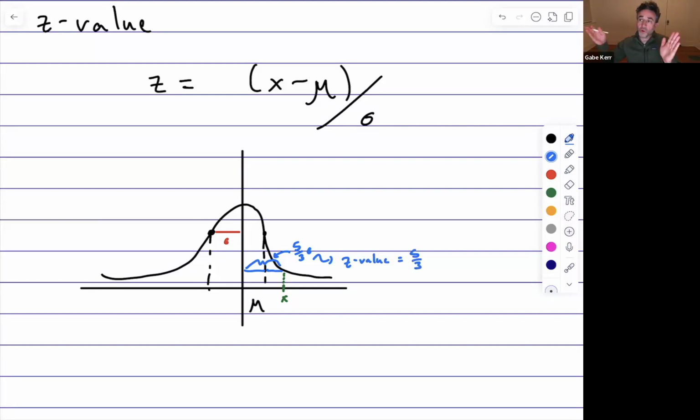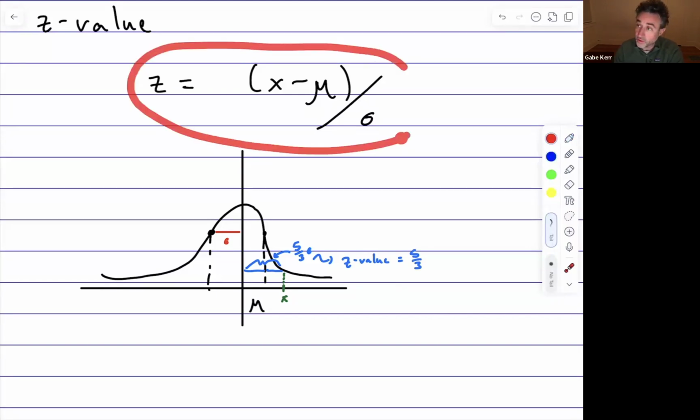It's saying what's the multiple of the standard deviation that you are away from the mean. That's what the z-value is telling you. And this is just the formula for it.